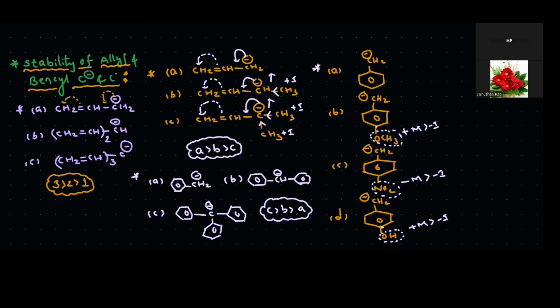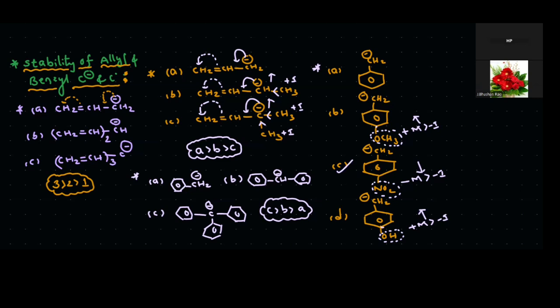Only the minus M group withdraws electrons, while the plus M group increases the electrons. The plus M groups increase the electron density more, so stability decreases. So B and D are the least stable compounds, and C and A are the most stable. In C and A, compound C effectively withdraws electrons because the minus M group is present. So C is more stable than compound A.